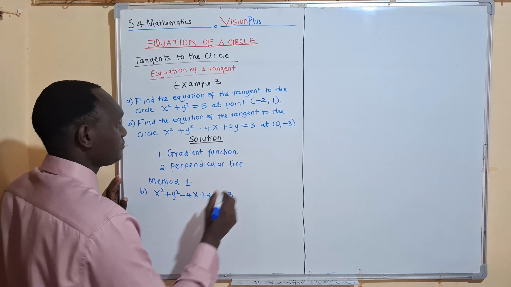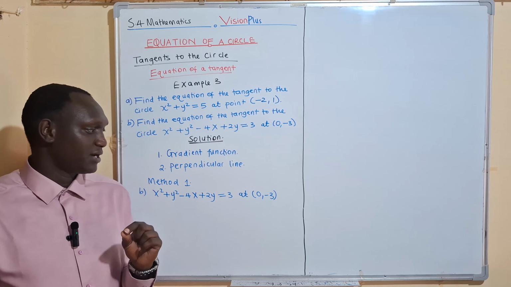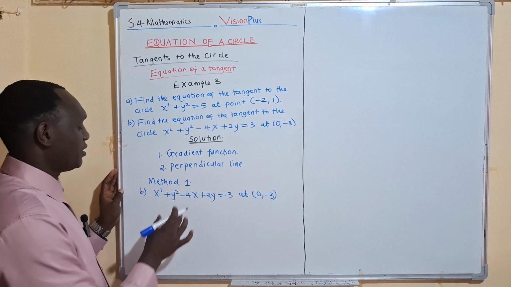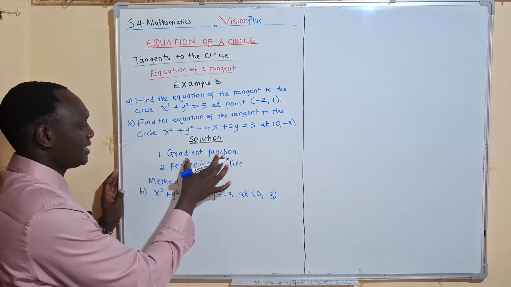The point of tangency is the point on the circumference of the circle where the tangent touches the circle. So when we are using method 1, the method of the gradient function, it is not necessary for us to escape the circle.